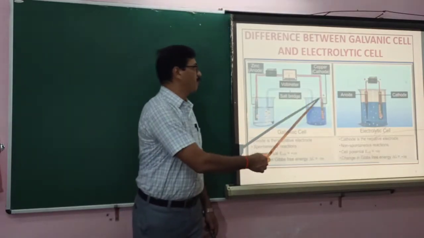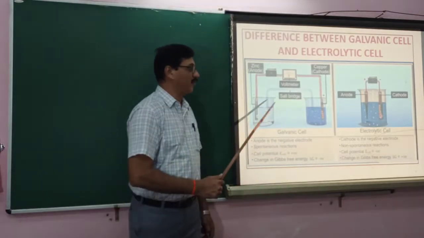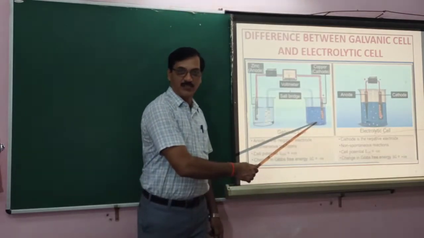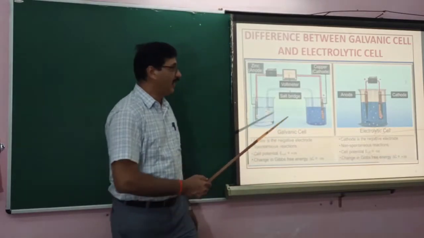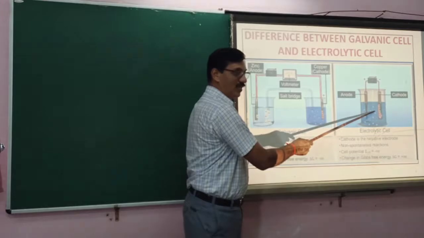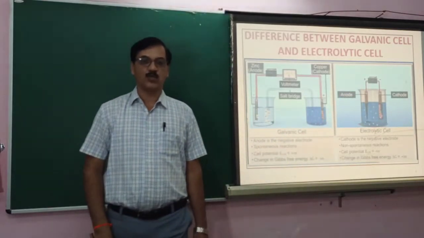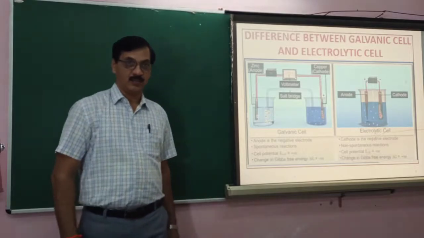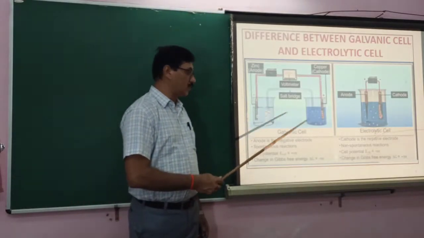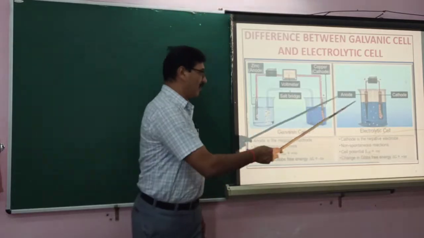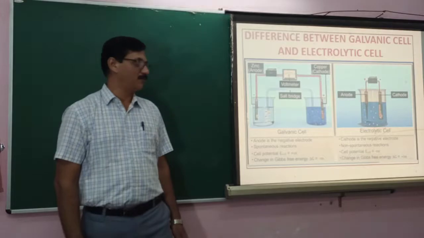Electrons flow from anode to cathode, so two half reactions take place in the galvanic cell. In the electrolytic cell, there will be only one electrolyte, and both the electrodes are dipped in the same electrolytic solution. And what about the E of the cell? E of the cell is positive in the galvanic cell, whereas E of the cell is negative in the electrolytic cell.